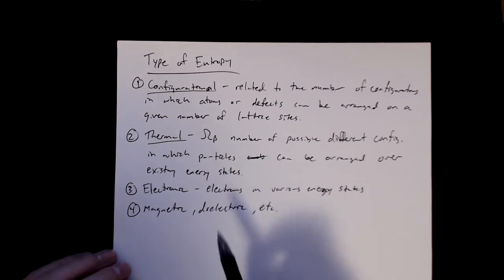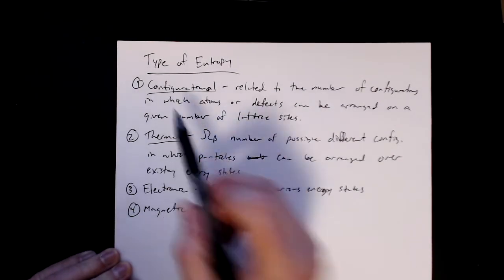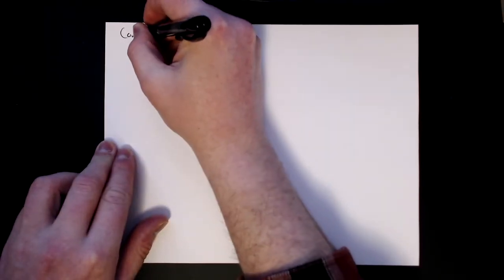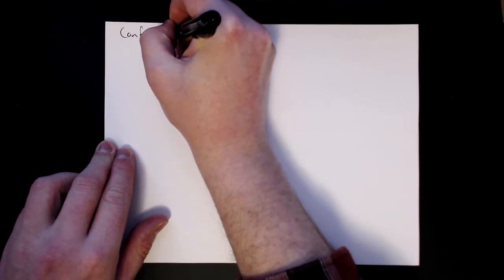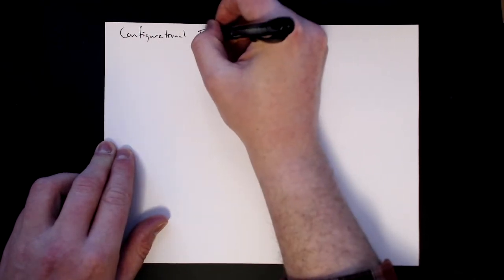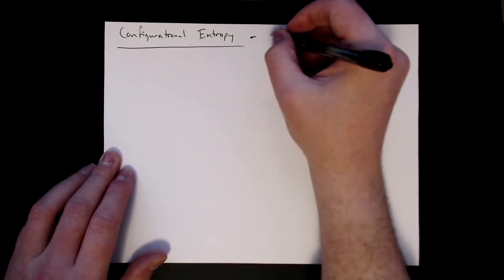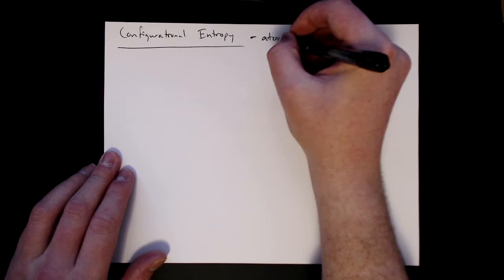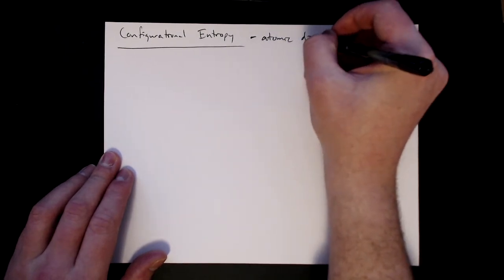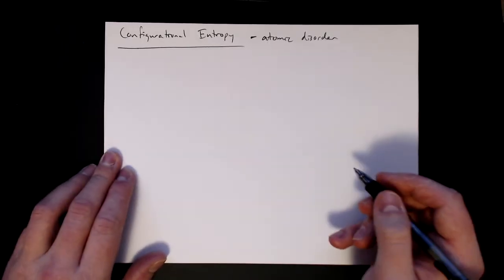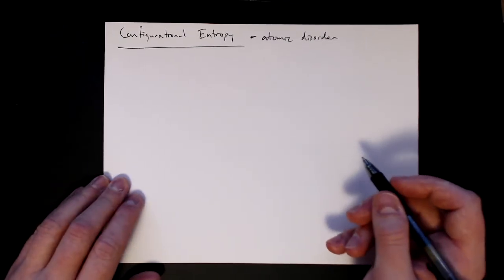All right, so let's go ahead and talk about the first type, configurational entropy. All right, so again, this was associated with atomic disorder. So what we're going to do is look at this in a small system.